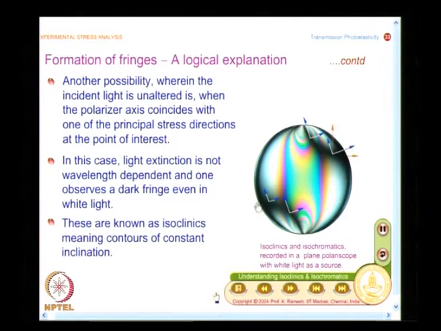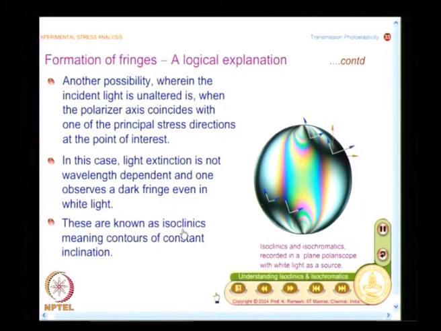And I have again emphasized, when the polarizer axis coincides with one of the principal stress directions, light extinction is not wavelength dependent, because I do not have another component, I have only one component that passes through. So, whatever light comes out of the model is completely cut off, and these are known as isoclinics, meaning contours of constant inclination.